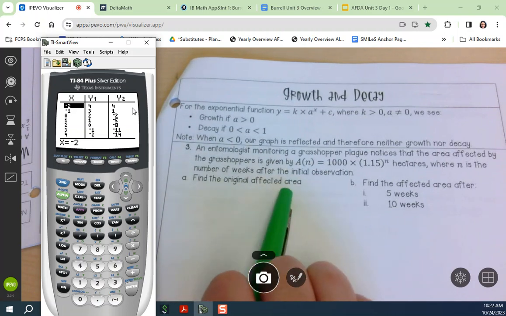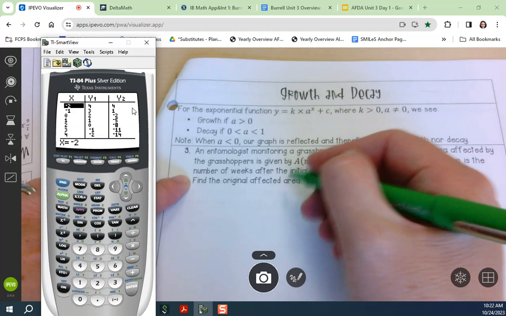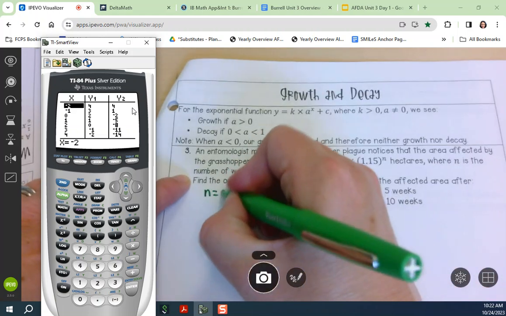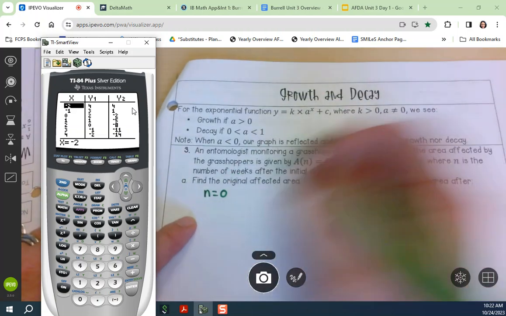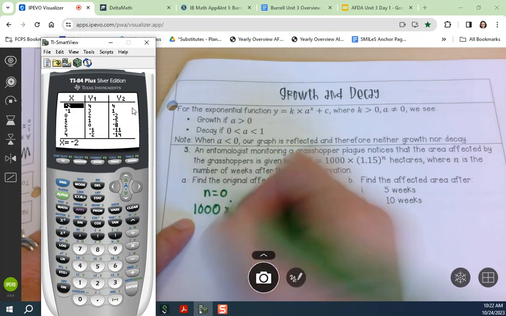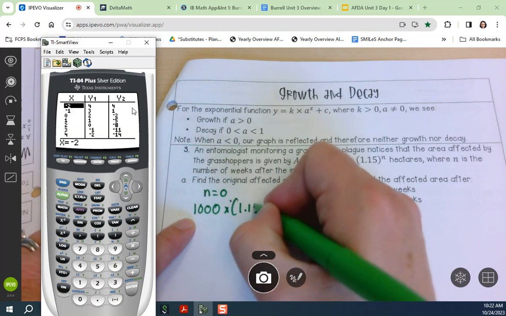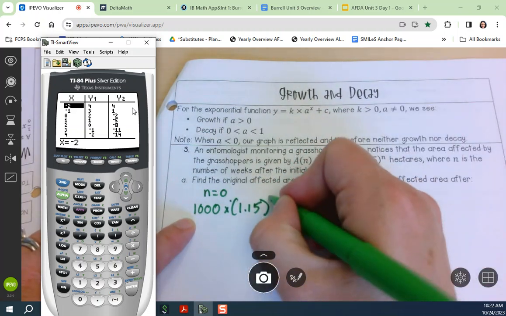So the original affected area is how many weeks after the original observation? 0. Thank you. 0 weeks. Okay. So the original is when n equals 0. So we're going to put 0 into your function. 1,000 times 1.15 to the 0.